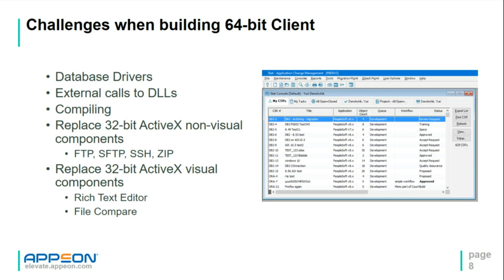We had to replace 32-bit non-visual ActiveX components such as FTP, SSH, and zip components. Some of them we delegated to our central agent, so now from PowerBuilder we do REST requests in order to access them.